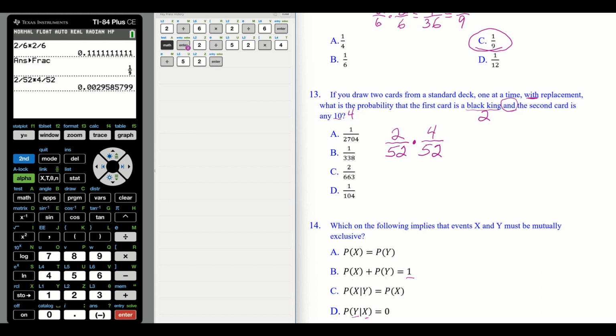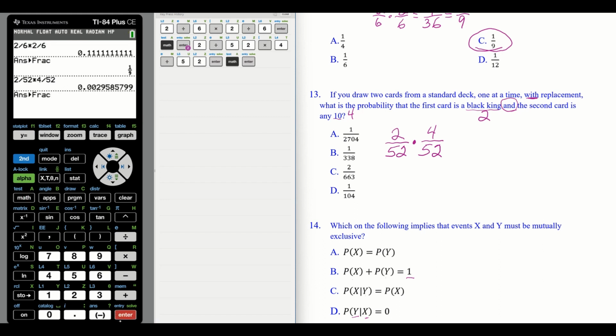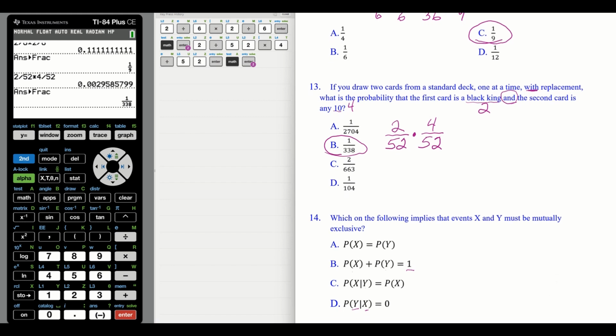That gives us a pretty extensive decimal. Let's see if we can get a fraction out of that. Math, enter. Yes, we can. That is option B. The reason I said that is sometimes, every once in a while, like we've had before, we'll run into the limit of the calculator, but we're okay. That decimal wasn't actually too bad.